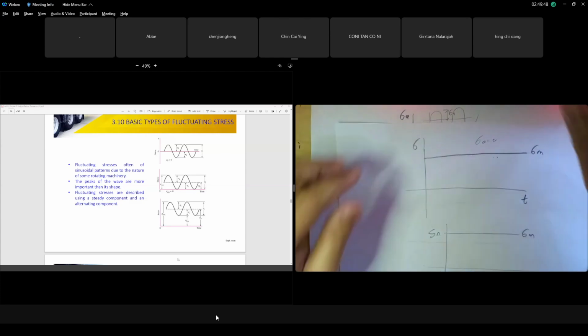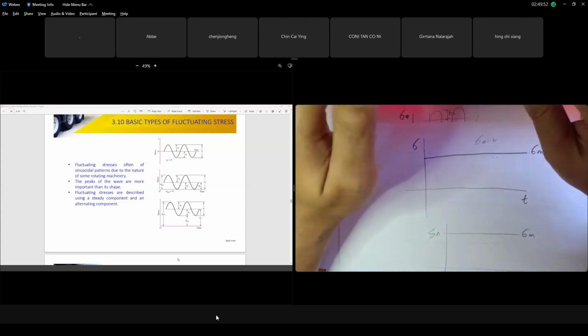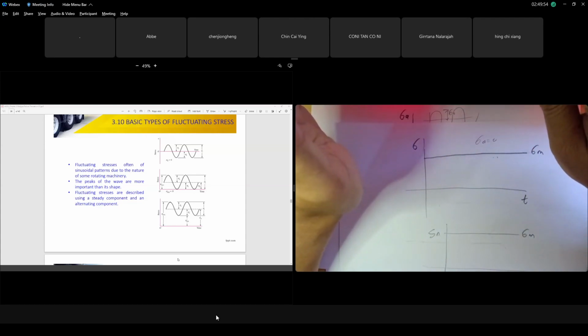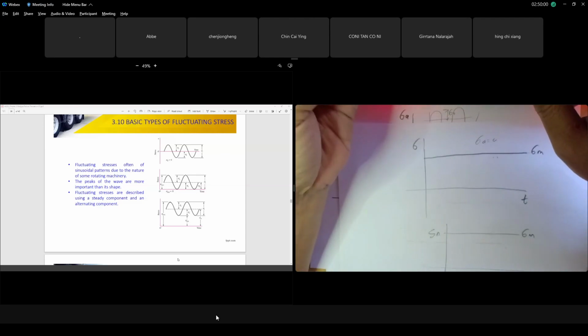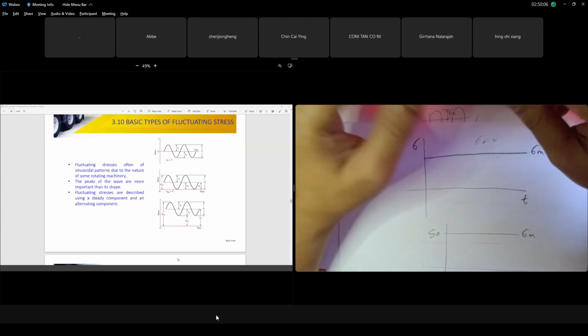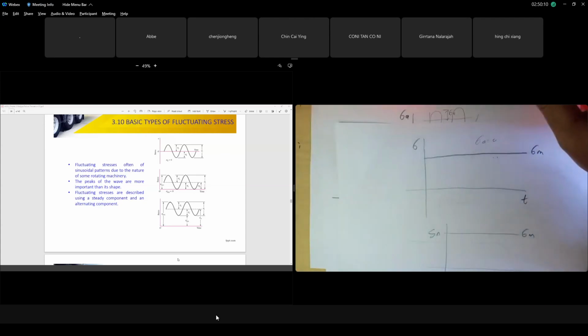Yes, torsional strength, yeah. Sigma mean only, because sigma mean is sigma max plus sigma minimum over 2.